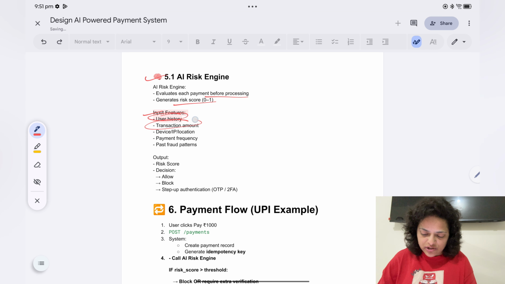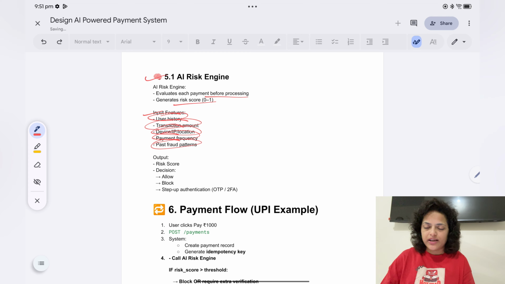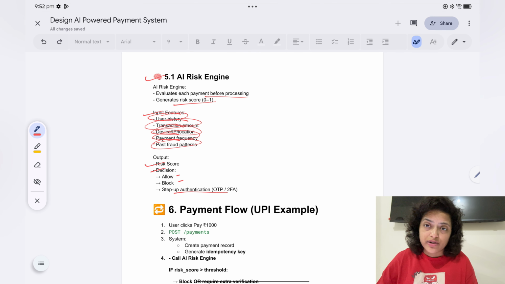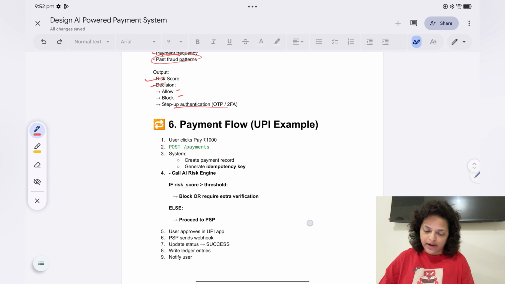It will take user history, transaction amount, device, IP or location, payment frequency and past fraud patterns. All these things it will take as input features, and as output it will give you a risk score and a decision: either allow it, block it, or step up authentication, like OTP or two-factor authentication. It can ask you that as well.